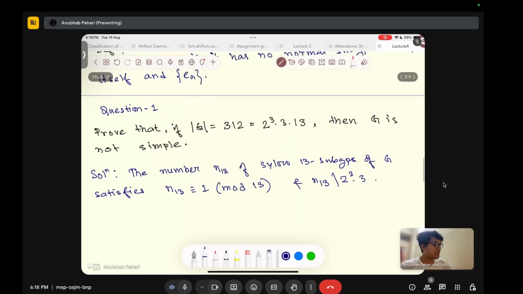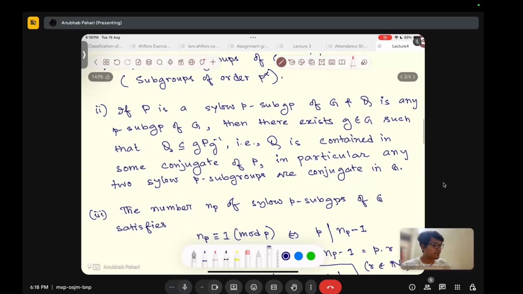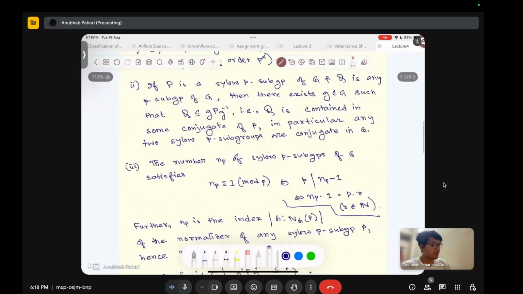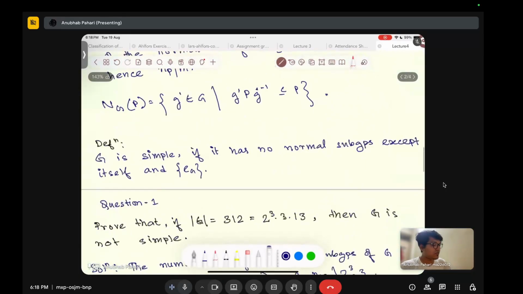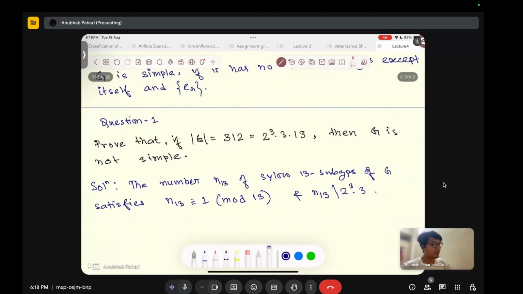For the second part, why are we doing this? Because it was not mentioned in the Sylow theorem that we were given.